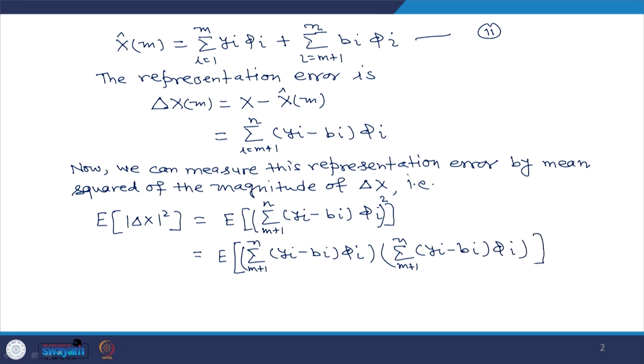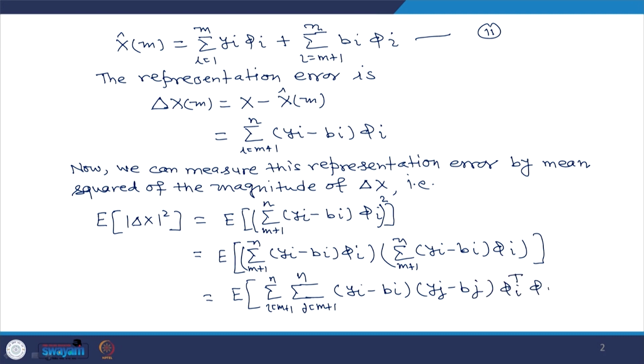Since the square is there, I write it as a product of two summations. If I take these summations together, i from m+1 to n and j from m+1 to n, what I have is (y_i minus b_i)(y_j minus b_j) phi_i transpose phi_j. So, I have opened this summation and I got this one. Now, phi_1, phi_2, phi_3 are all orthonormal bases.